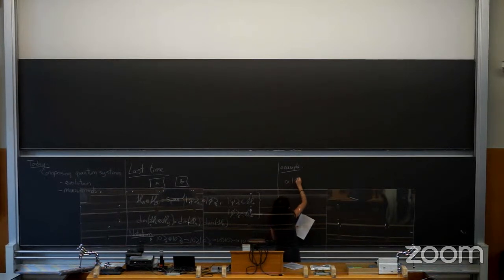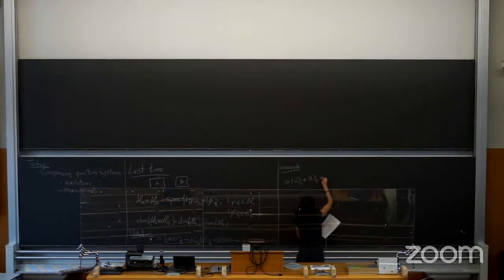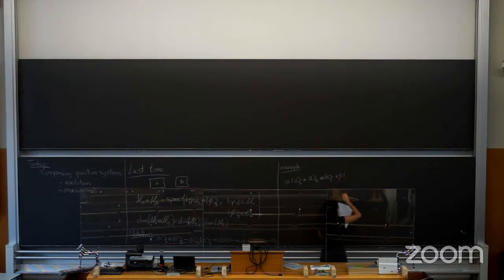So we have, I don't know, 0 on A, tensor 1 on B, tensor 1 on C, plus beta times the opposite, let's say, 1 on A, 0 on B, 0 on C. This is a completely arbitrary example state.